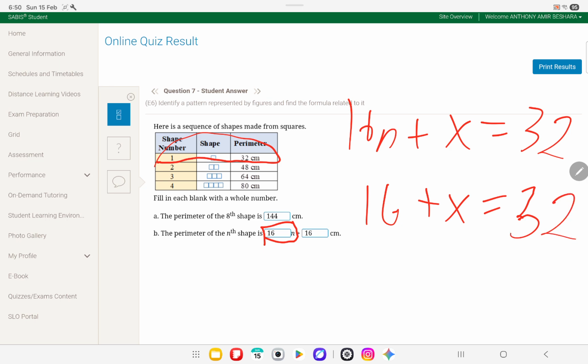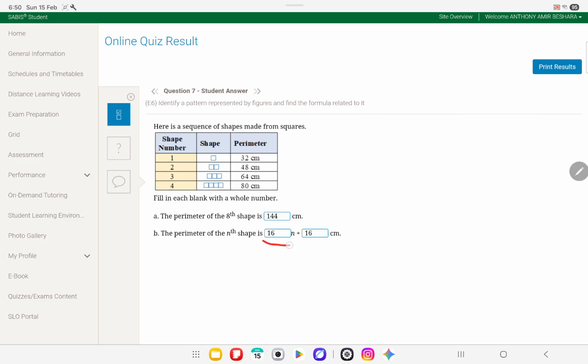Plus 16. So what we multiply by, we found that it's y second minus y first over x second minus x first. We got 16. Then we checked what can we add by to finish the equation. We add by 16. So now we found that this is 16n and this is 16.